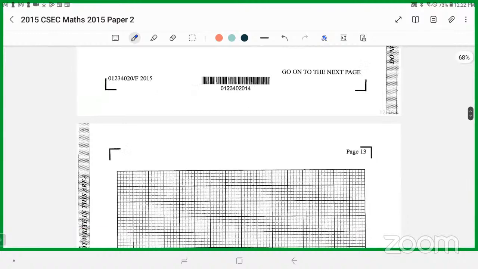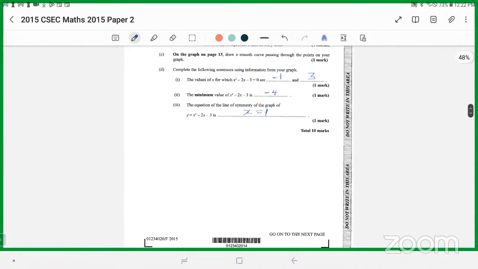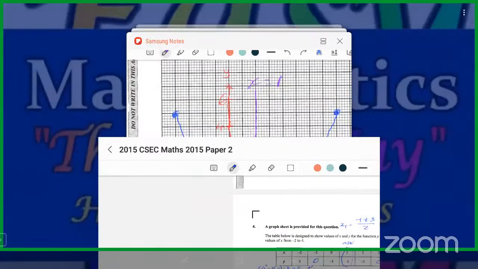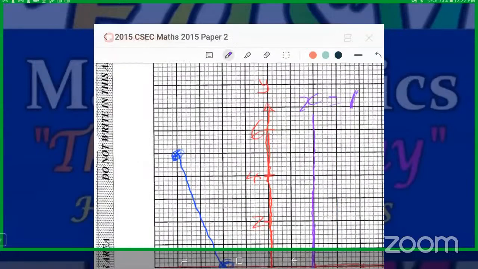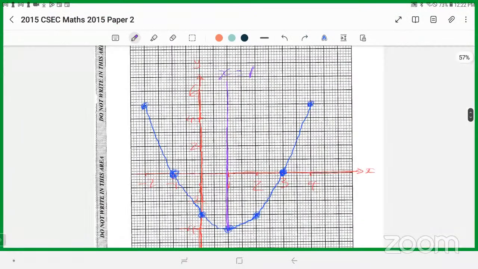Next question. We copy this over into this document. Hold on a second, guys. Give me a second.